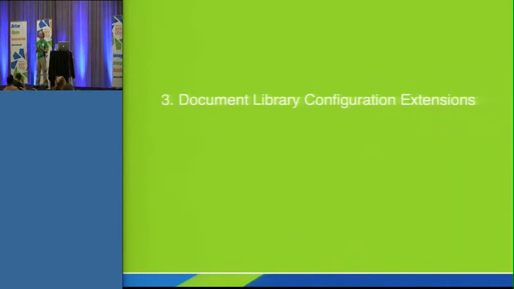And if we run up to limitations on that configuration, then we extend it, and we try and do so in a way that's going to be useful for you guys when you're creating extensions. And something that would really help us improve on that is if you find you want to do something in the document library and you can't do it through config or the existing extension points, let us know, raise a Jira ticket, send us an email or something, and then we can see what we can do to improve that experience for you.